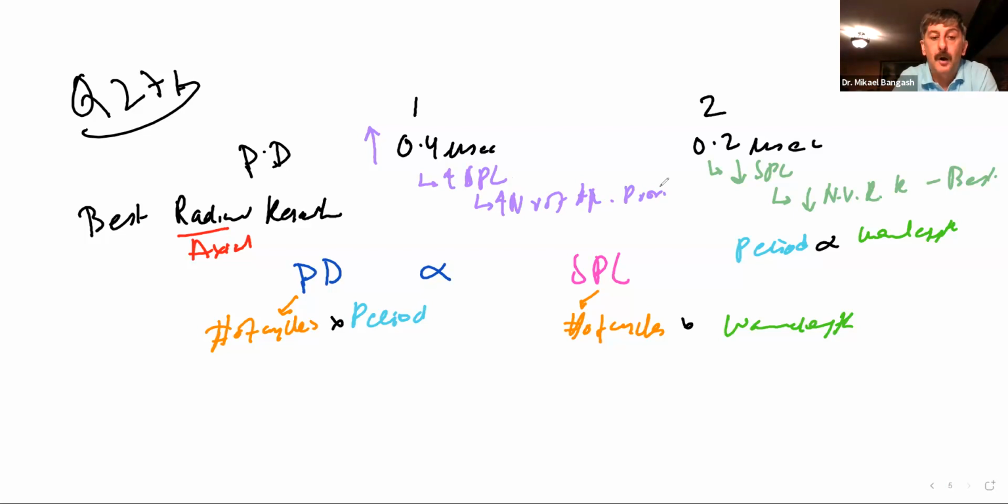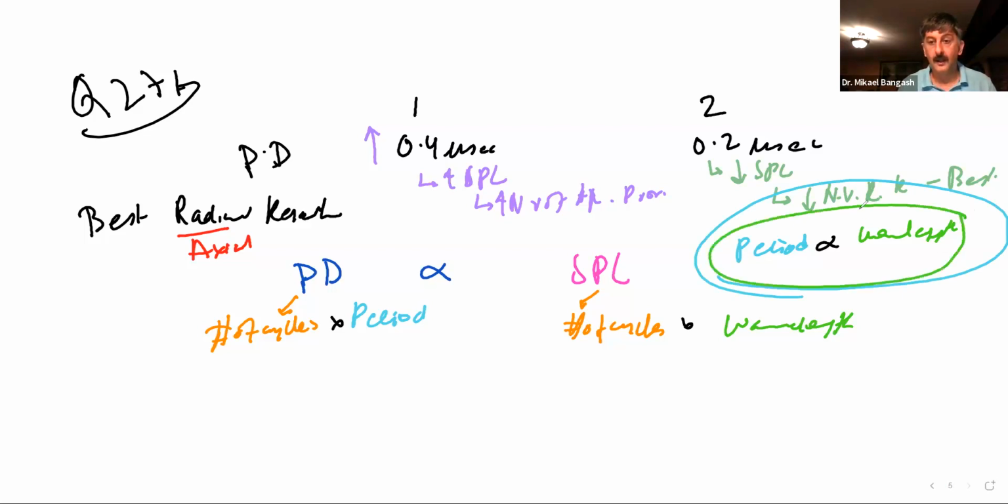Clear? Although pulse duration wasn't mentioned in this chapter, you should have known it from the good old days. Pulse duration and spatial pulse length are directly proportional because both of them have this common factor, the number of cycles.